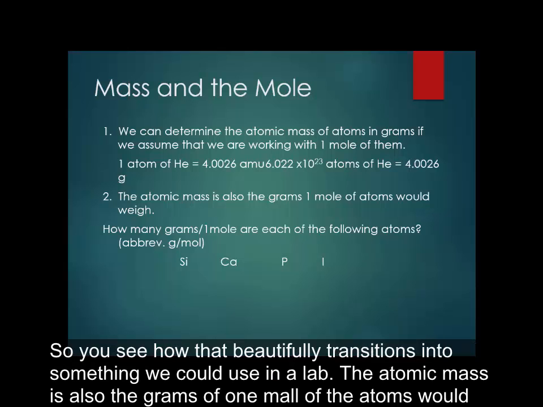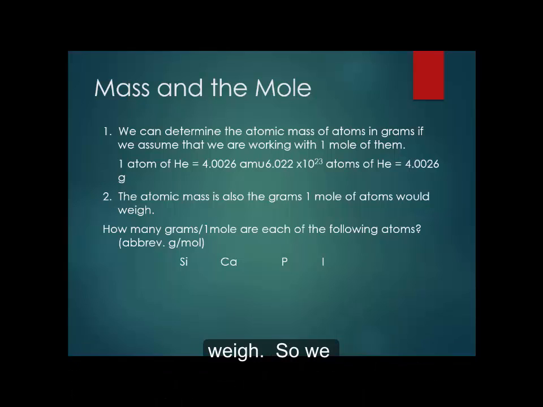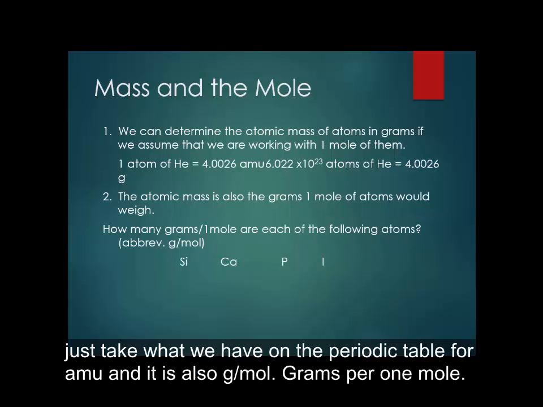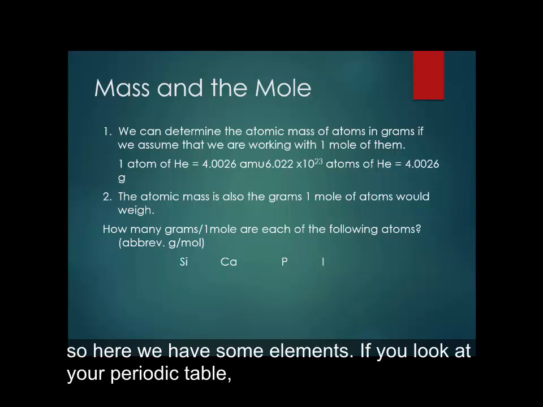So you see how that beautifully transitions into something we could use in a lab. The atomic mass is also the grams that 1 mole of the atoms would weigh. So we just take what we have on the periodic table for AMU, and it's also grams over moles, grams per 1 mole.